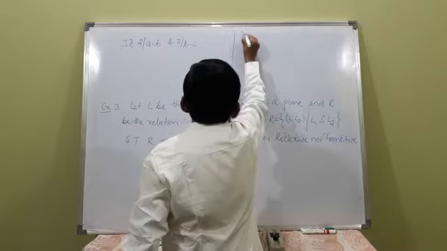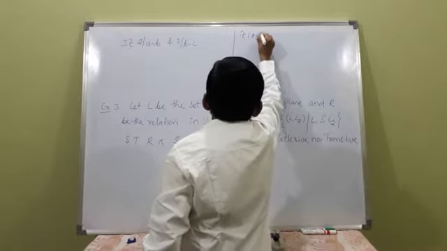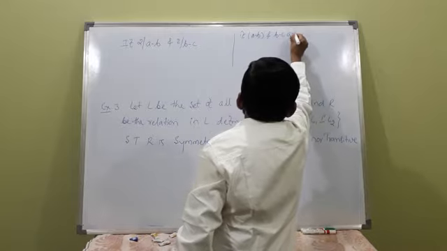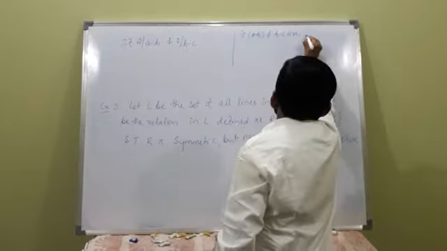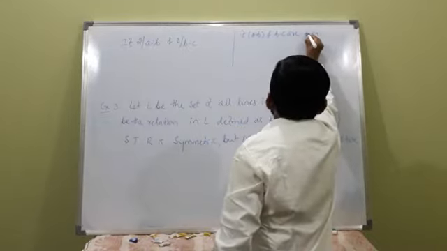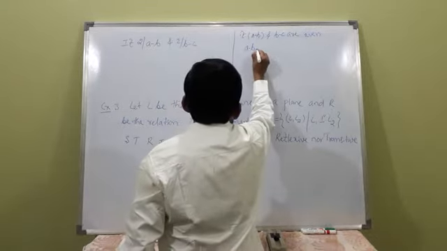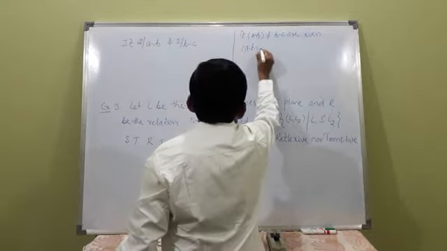If a minus b and b minus c are even numbers, then (a minus b) plus (b minus c), which is a minus c, is also even.